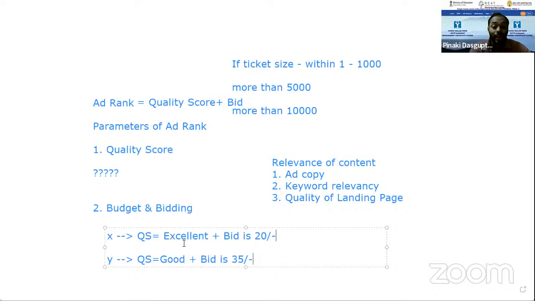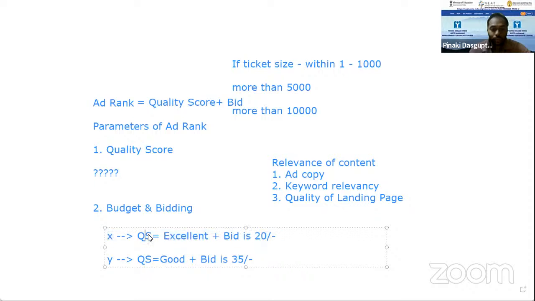So Google will give the rank to this one, though his bid amount is lower than Y, but his quality score is very high. That is what actually matters here, because when a user comes with a certain query, they need to get the proper solution of their query.